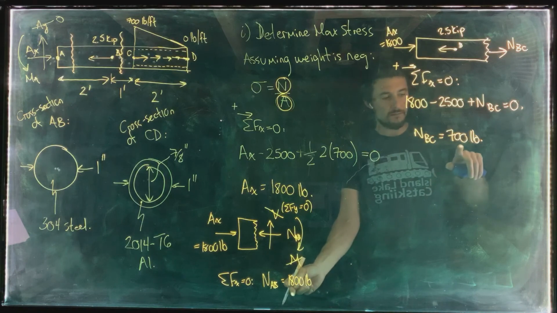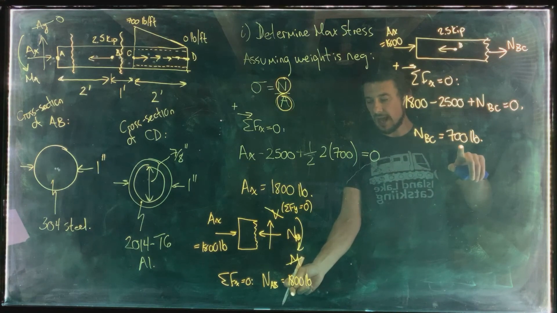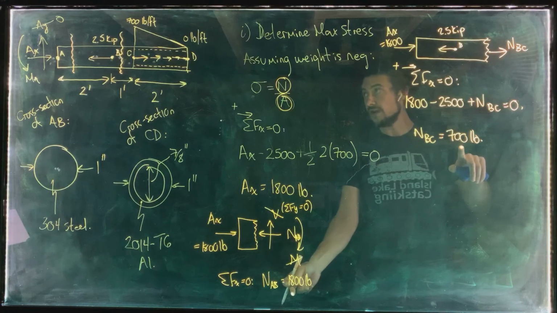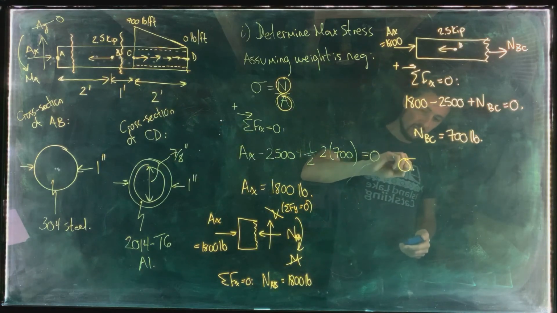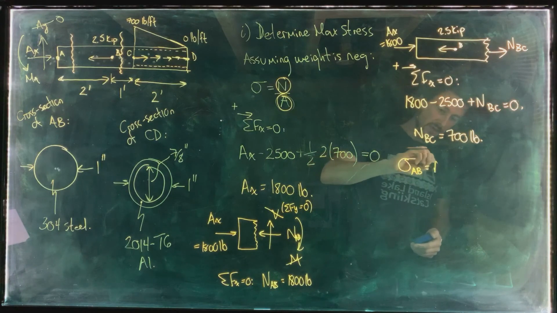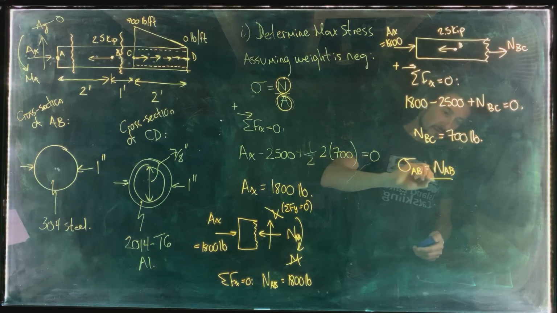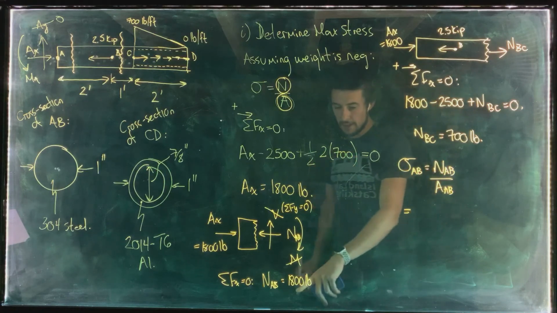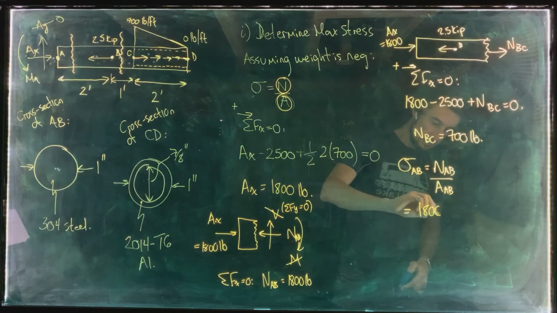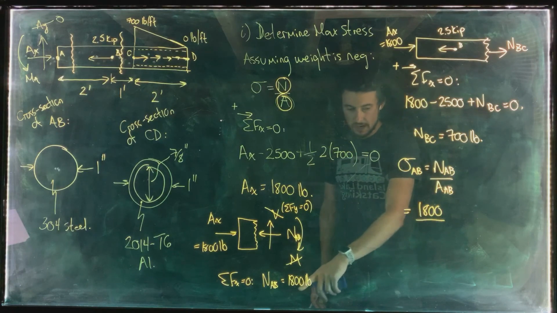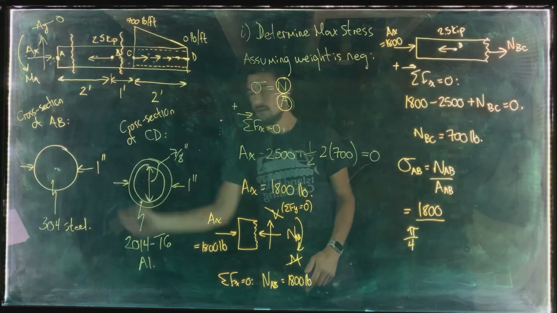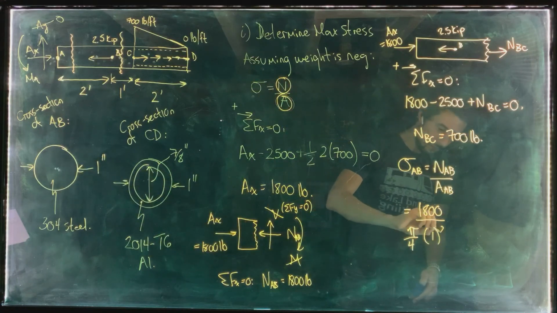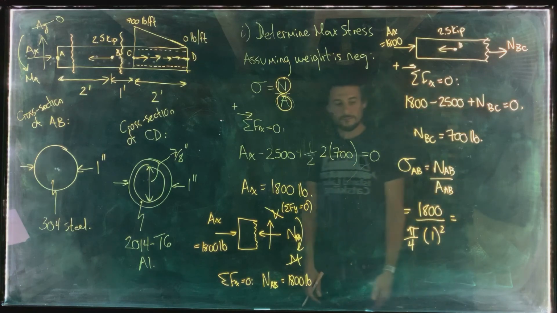So which of the two locations is going to have the higher stress in the solid portion of the object? It's segment AB. So the stress in AB is going to be equal to NAB divided by the cross-sectional area of AB. And that is 1800 divided by pi over 4 times d squared, the diameter being 1 inch there. Okay.